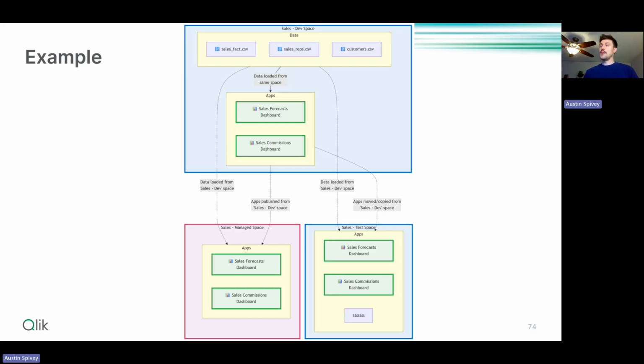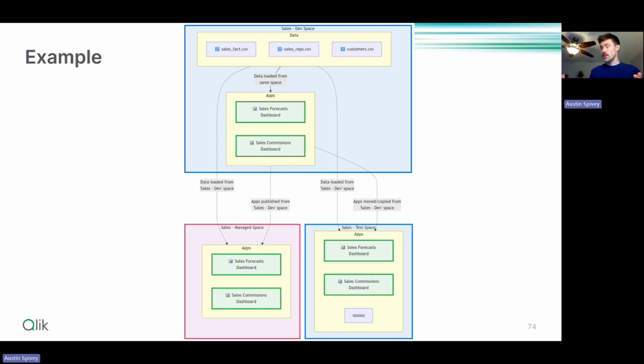But then if you need to reload those apps on a regular basis, in order for data validation to happen, those data files can be used in the apps that you have in the test space or in the managed space, right? So you can work from the same set of data in each of these 3 spaces.